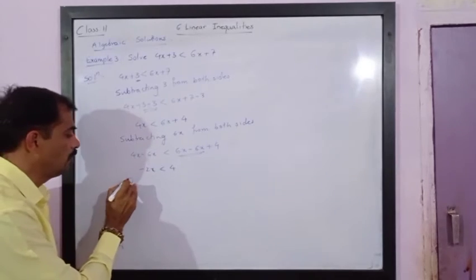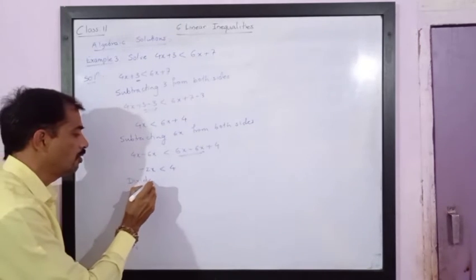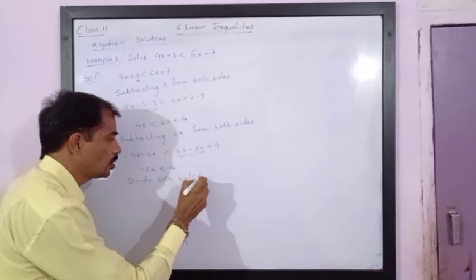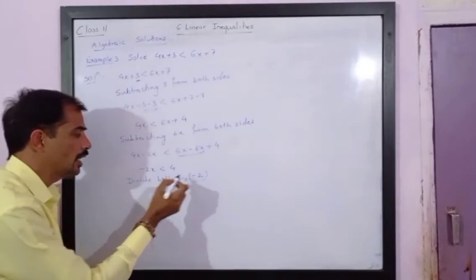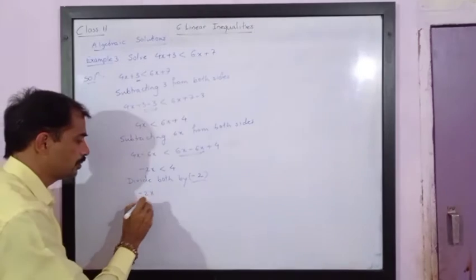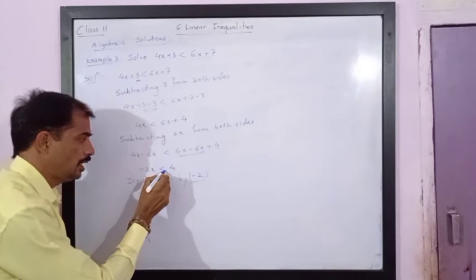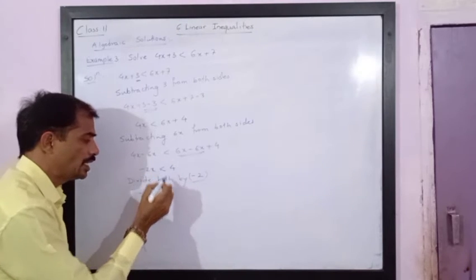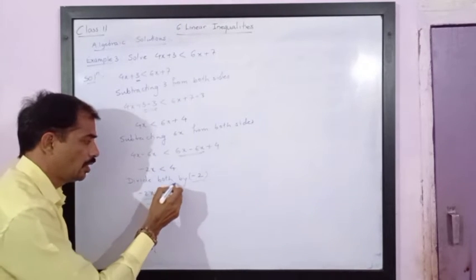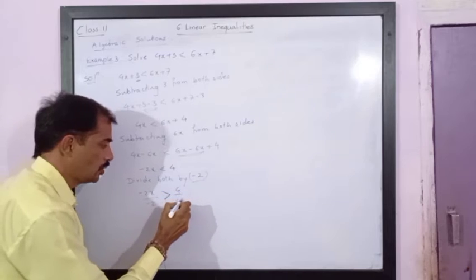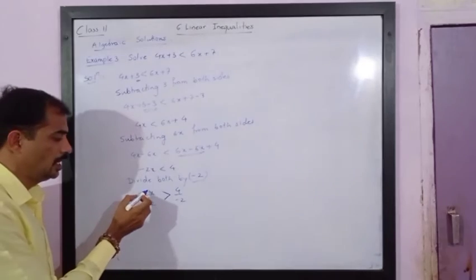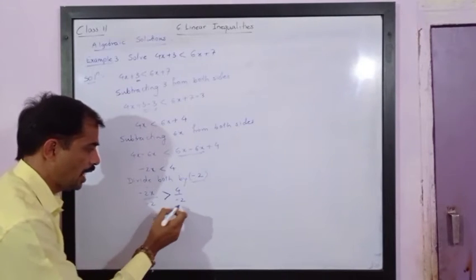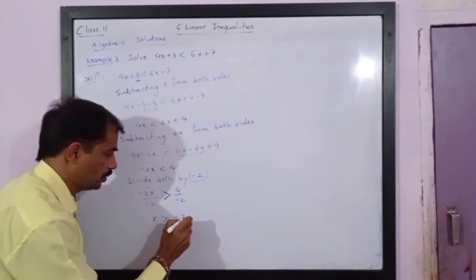So if you divide both sides by negative 2, this inequality sign will be reversed. That is, this was less than, it will become greater than 4 upon minus 2. Please note, this negative 2 will get eliminated. We will get x is greater than negative 2.